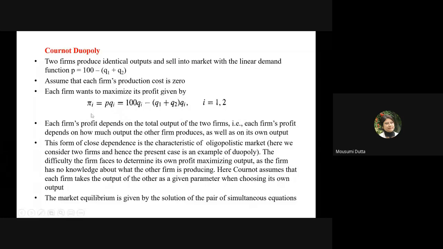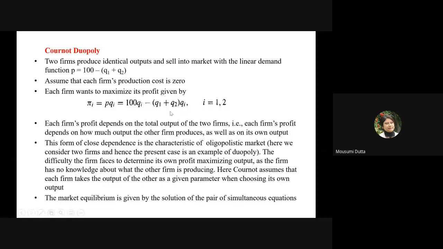Another interesting point to note: when I am taking my profit decision, my profit is not only a function of Q1, but also a function of Q2 as well. So here this Qi will be replaced by Q1, and this Qi will also be replaced by Q1.